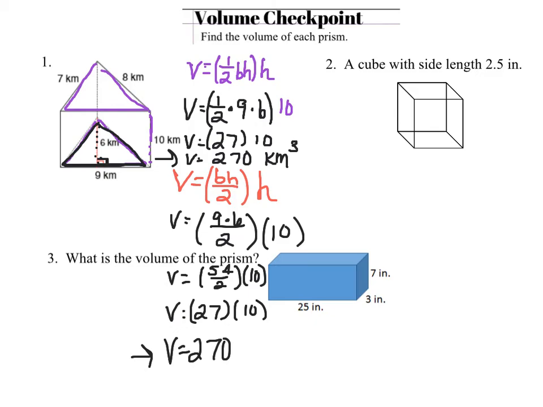Number 2, we have a cube. Remember, a cube is just a prism whose faces are all squares. So all sides are the same length. This is saying that this has a side length of 2.5. So that means the length is 2.5, the width is 2.5, and the height is 2.5. All sides are equal. So to find the volume of a cube is just length times width times height.